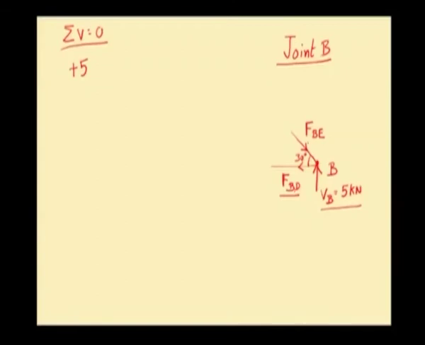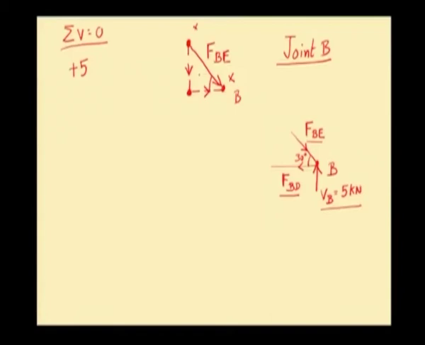Now, let us consider FBE. FBE acts like this. So, this is FBE. It starts here and it ends up at joint B. In order to travel along this direction, we should go vertically downward to this particular point, and from this particular point we will be reaching point B in the horizontal direction.